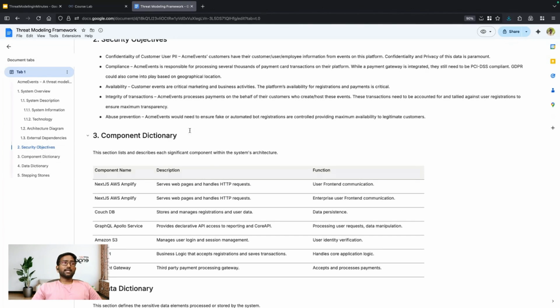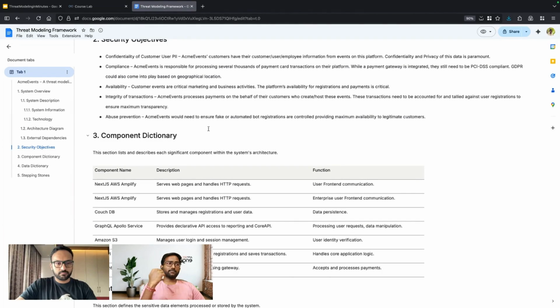And fourth, integrity of transactions. Because I'm processing registration information, it is important that all the records that I hold are not suspect. And finally, abuse prevention sort of goes back to availability. Perhaps it is very similar, but we will talk about abuse prevention in a way that DDoS attacks are not bringing down the application.